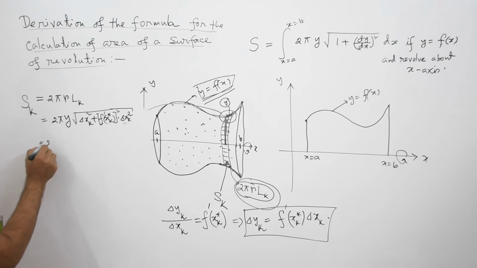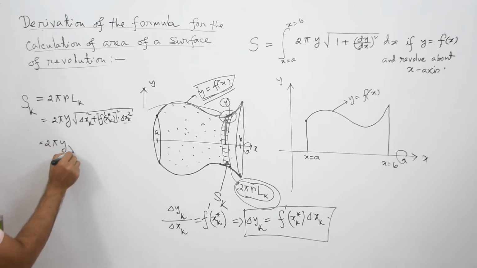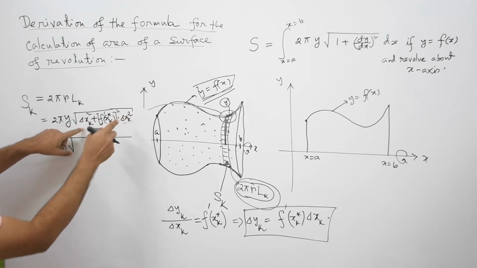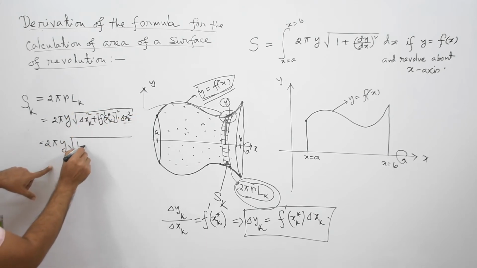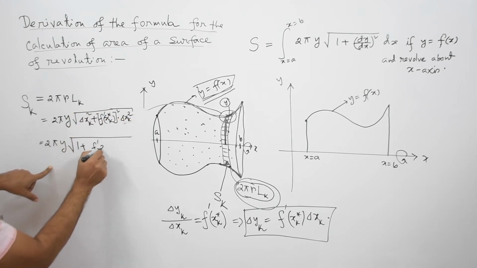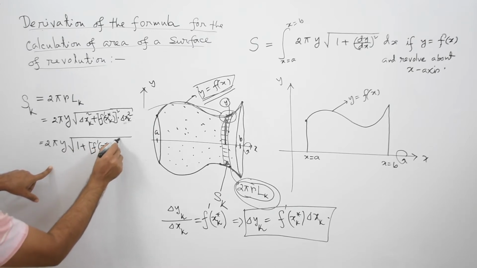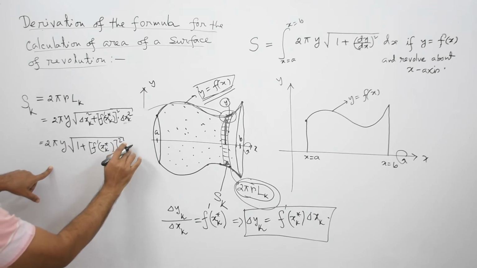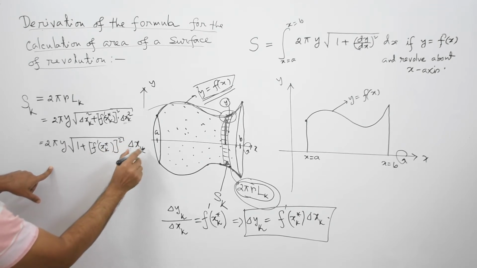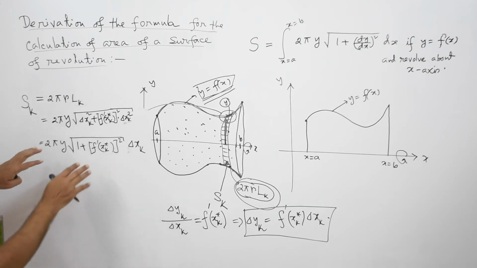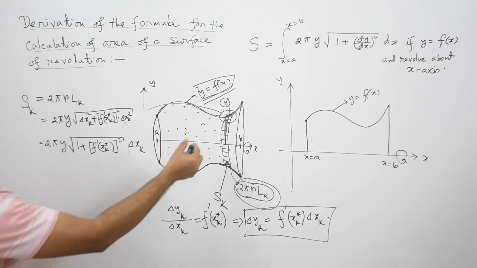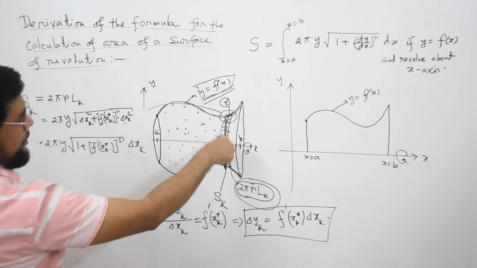So this equals 2 pi y root. We can take delta x square out of this square root. So I have 1 plus f prime xk star whole square delta xk. So this result is nothing but the area of this small band.